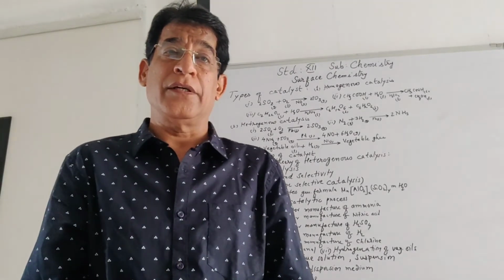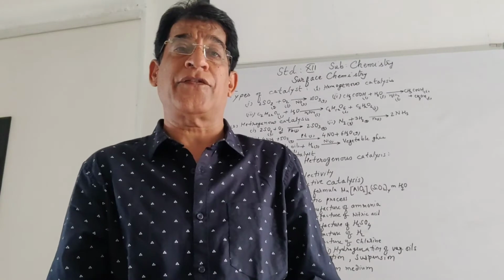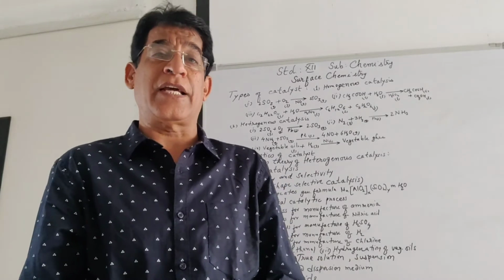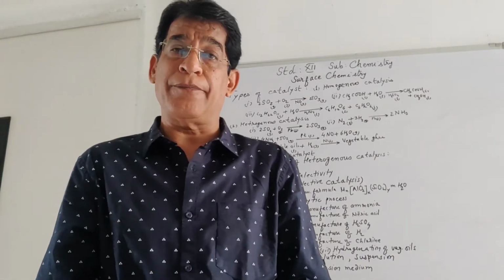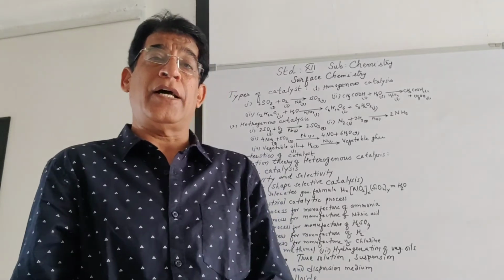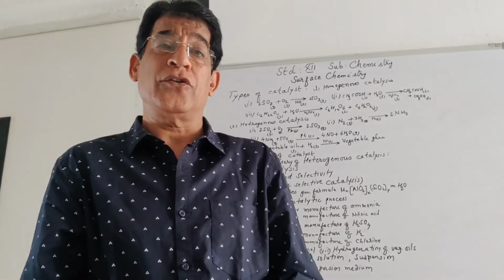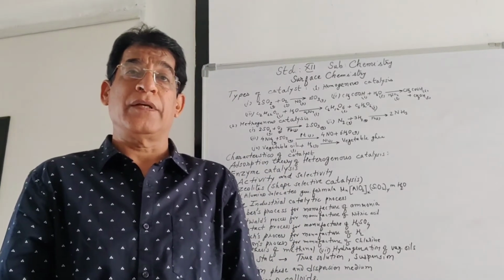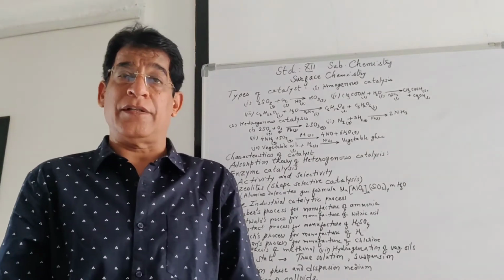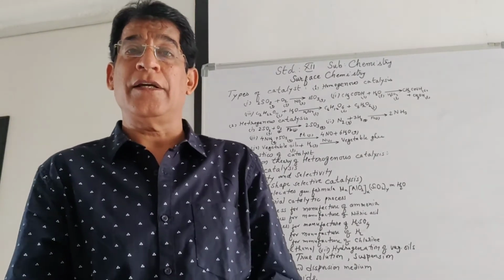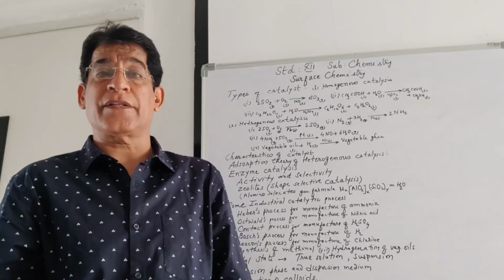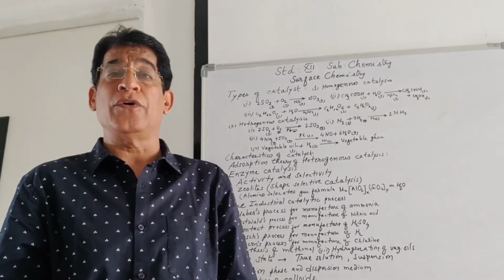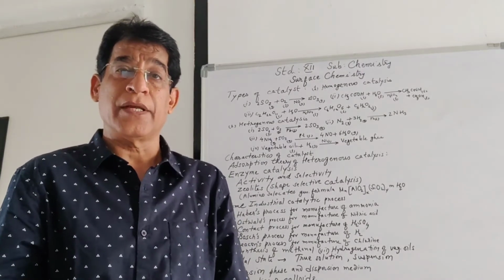In true solutions, the size of the particles of solute is very small and therefore these cannot be detected by any optical means and freely diffuse through membranes. It is a homogeneous system. And suspension: the size of particles is large and thus they can be seen by the naked eye and do not pass through filter paper. It is a heterogeneous system.